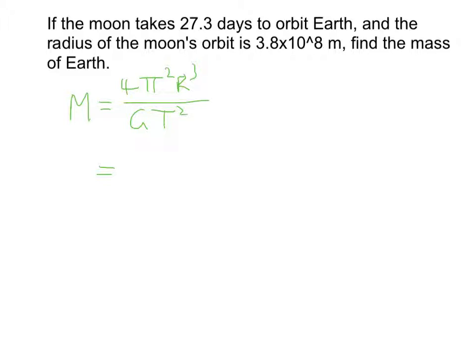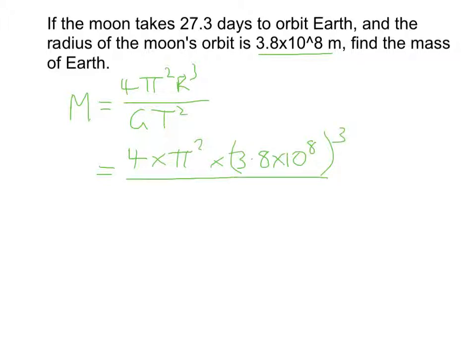So 4 times pi squared times the radius, which in our case is 3.8 by 10 to the power of 8, and that needs to be cubed, divided by G, which is 6.67 by 10 to the negative 11, times t, which is the period.